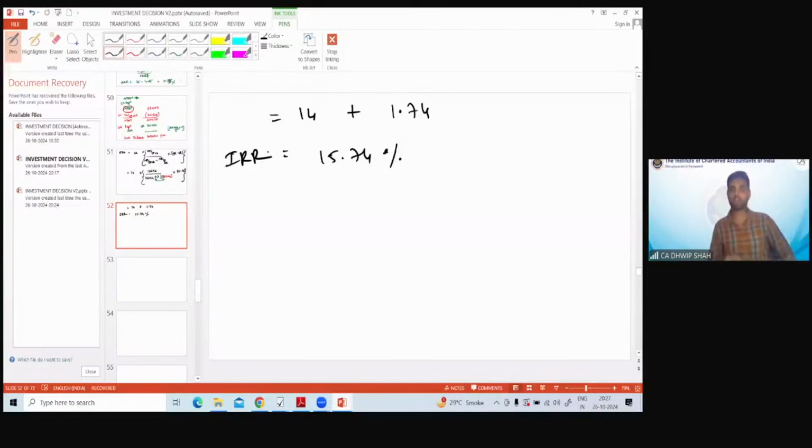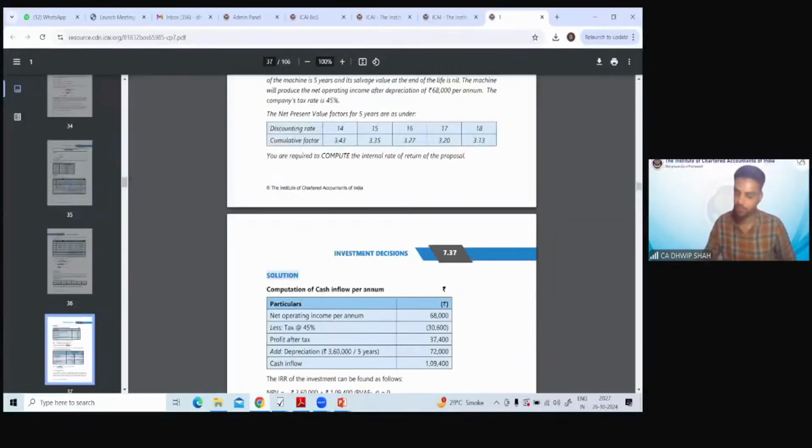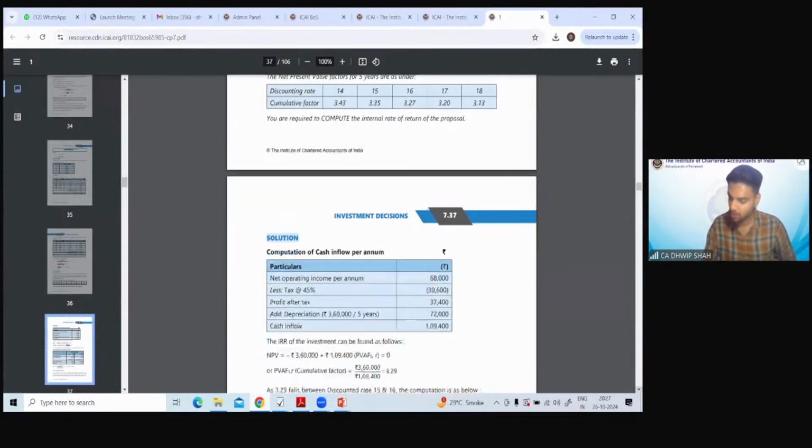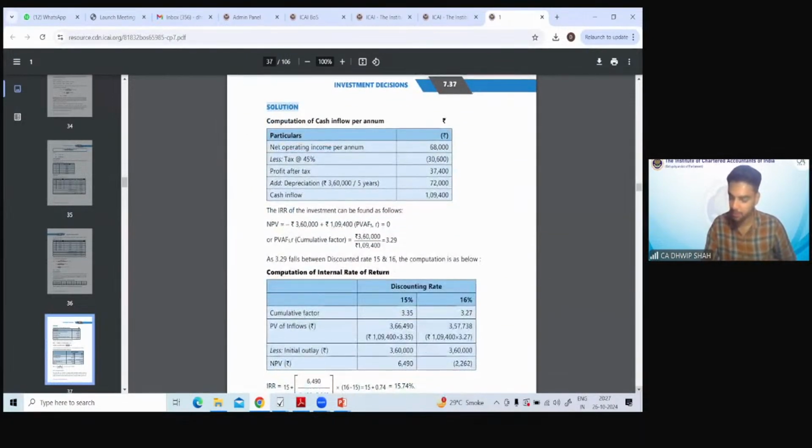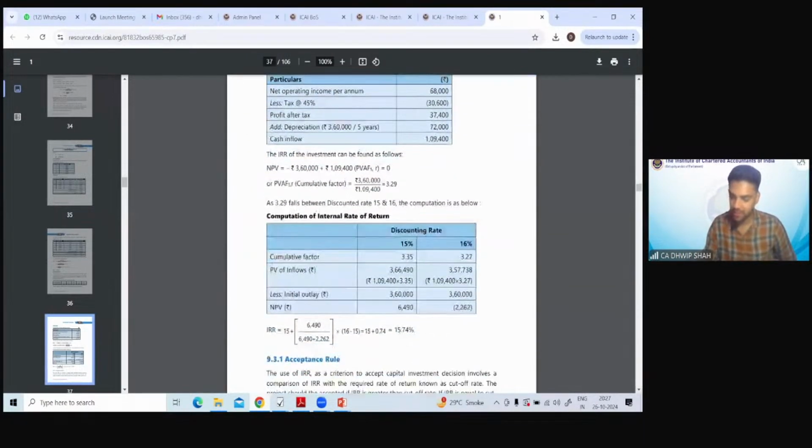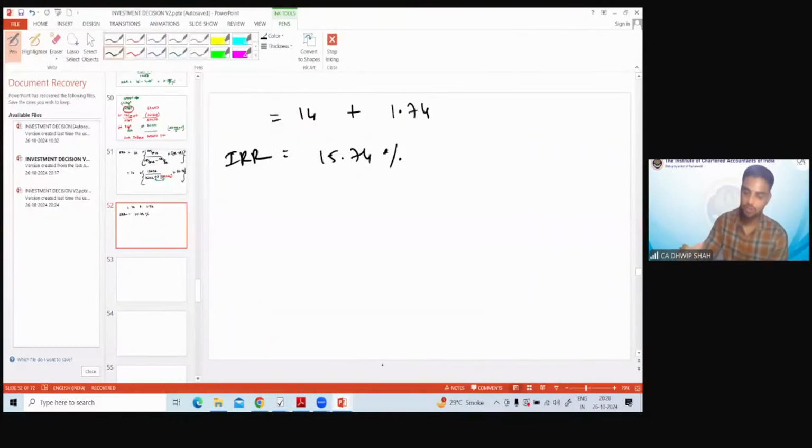Means if you calculate NPV at 15.74%, your NPV would nearly be zero. See, exact. Can you see the solution? Exact 15.74. Understood IRR technique?